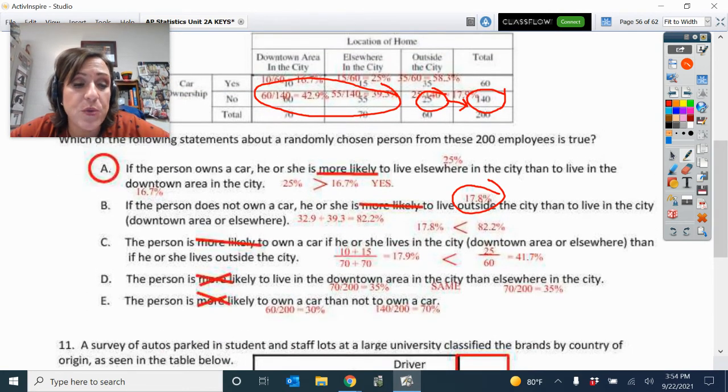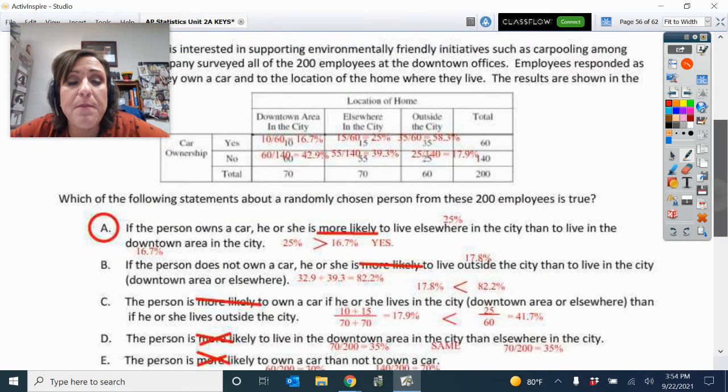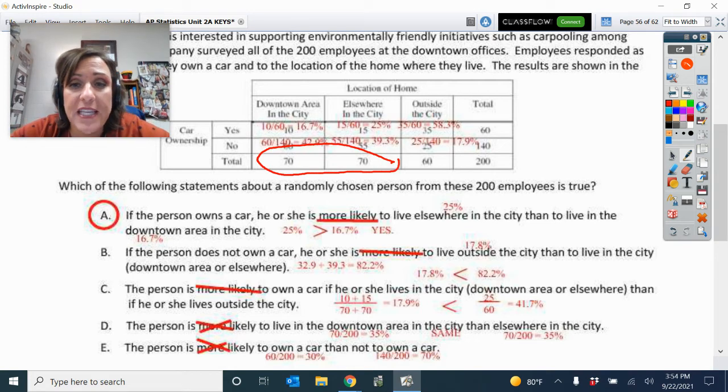Okay, and how about this one? C says, the person is more likely to own a car if he or she lives in the city. Okay, so that means out of the 140 living in the city, downtown and elsewhere, there's 25 of them that own a car.